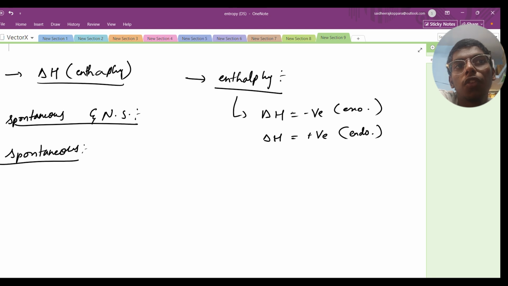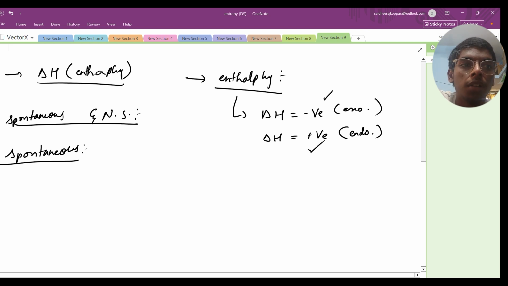In this first attempt at explaining the spontaneity of any reaction, they said that if the enthalpy is negative, or the reaction is exothermic, it would be a spontaneous reaction, and if it's endothermic, then it would be a non-spontaneous reaction.